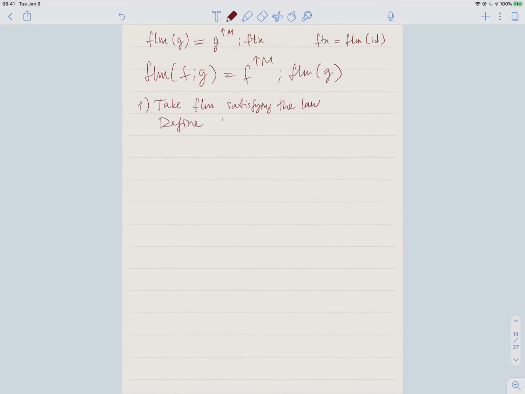define flatten as this flatMap of identity, and we define a new flatMap, which I call flatMap prime, using this first equation. And the flatten was just defined. So this is GM, flatMap of identity.